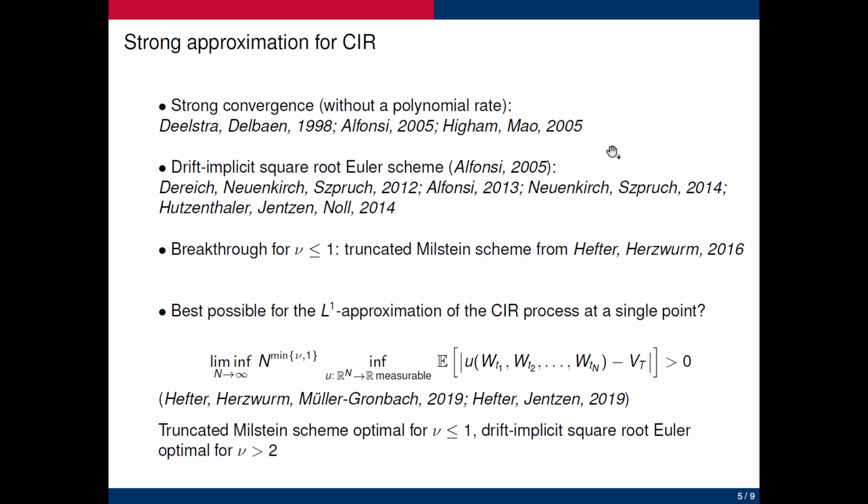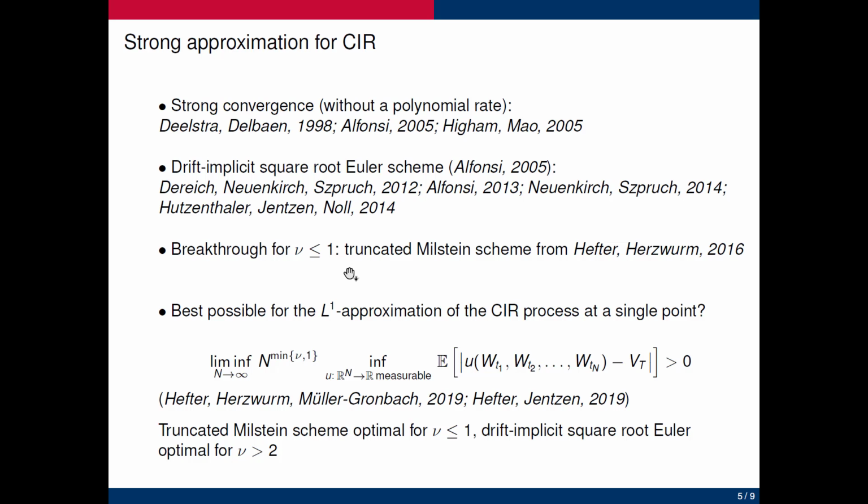In his article from 2013, a convergence order of 1 for a Feller index bigger than 2 is established for the L1 approximation. The article by Hefter and Herzwurm was a breakthrough for the case where nu was smaller or equal to 1. Here they looked at the truncated Milstein scheme for the CIR process and proved an L1 convergence order of nu in this parameter range.